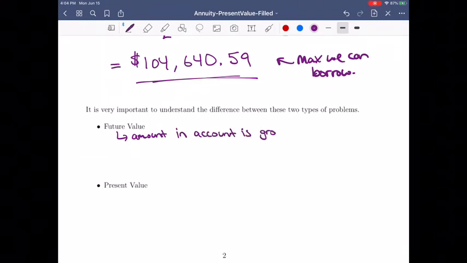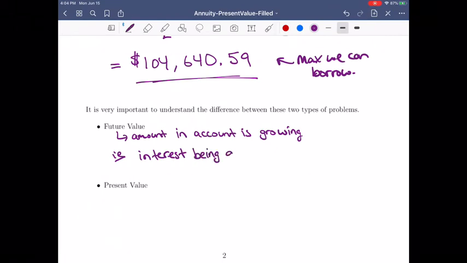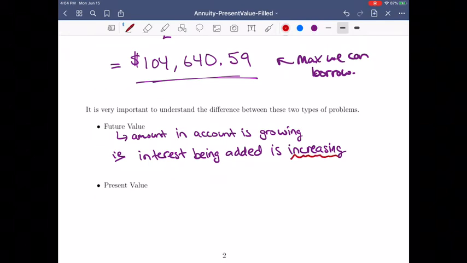It's like you're saving up for something, but more importantly, the interest being added is increasing. So each time they add interest, it's more than it was before. So here you want to think of a savings account. You're saving up for something.